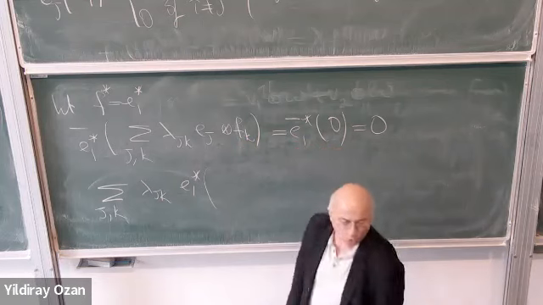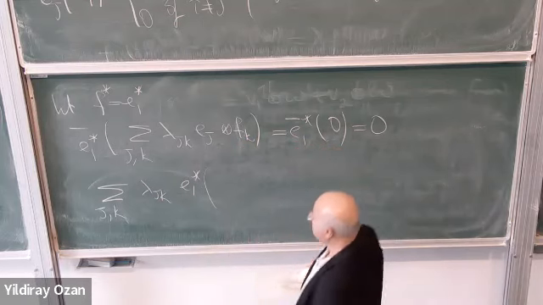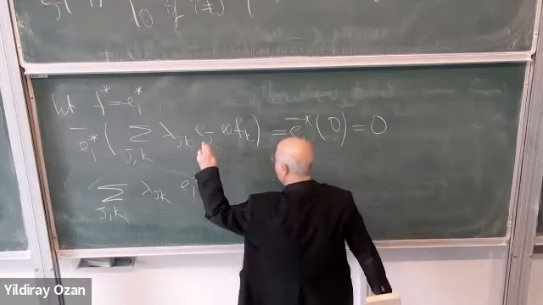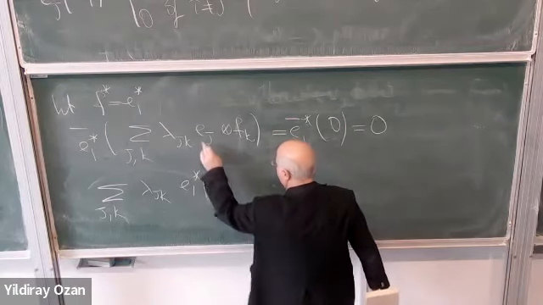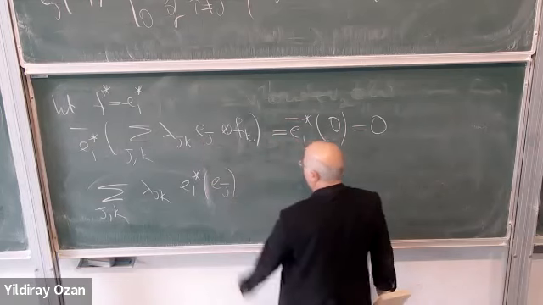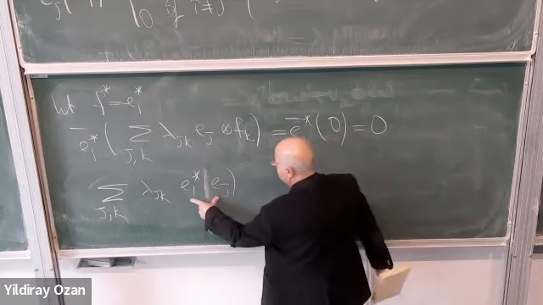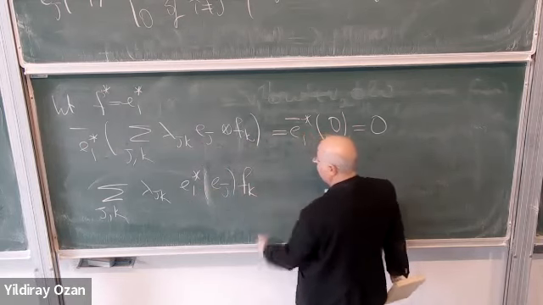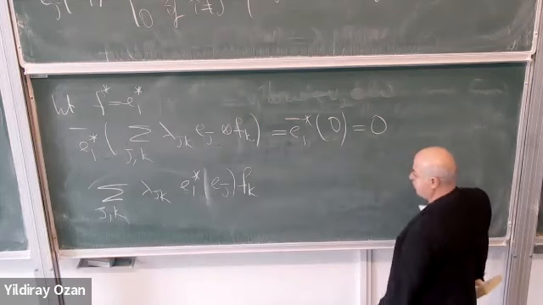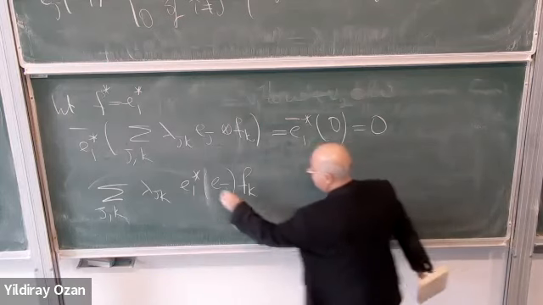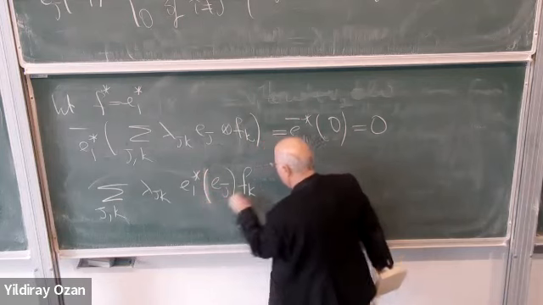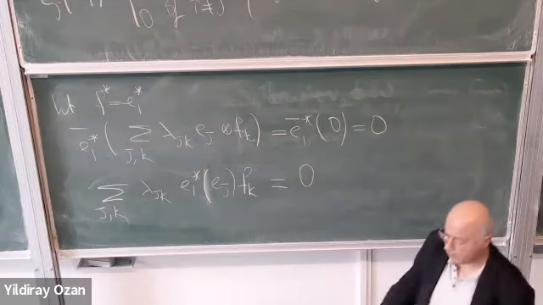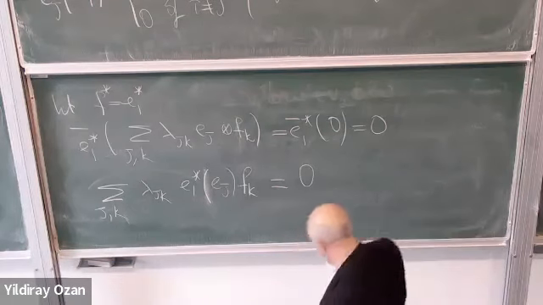Well, actually, I know how E1 star is evaluated on this. E1 star will just eat the V part, and then you obtain a scalar and put it in front of the remaining part. And then the whole thing is equal to 0. Well, what did we get?